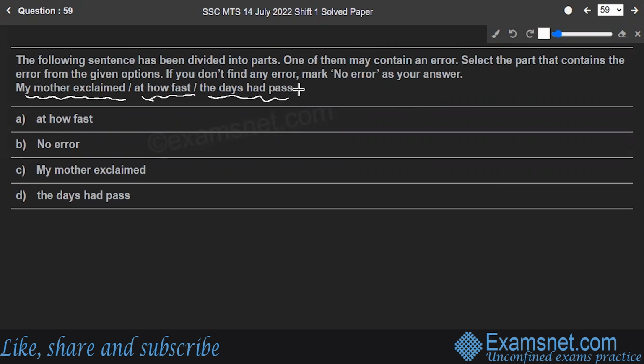So, what do you think is the erroneous part in the sentence? See, if I'm reading this sentence, this pass should be replaced with past to make the sentence absolutely correct. See, the given sentence is in the past tense, right?